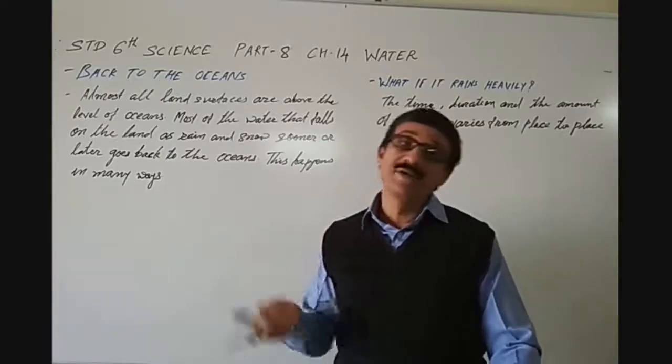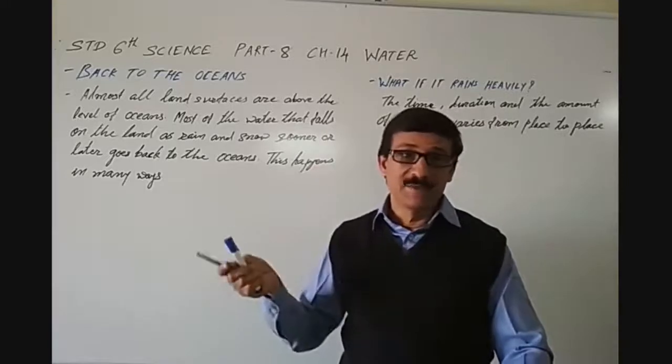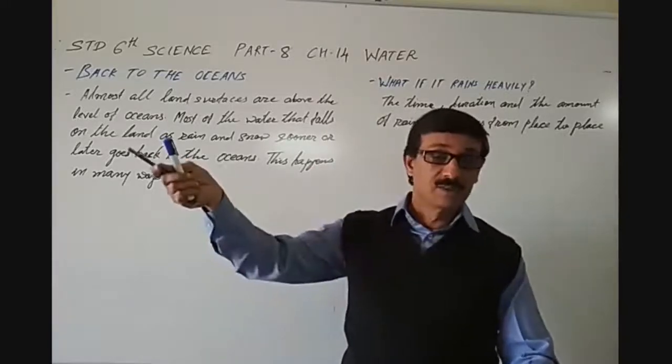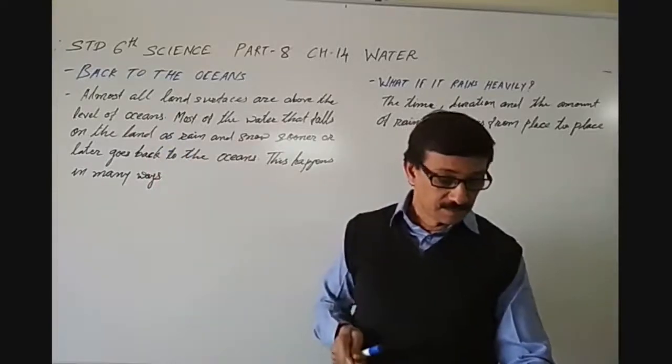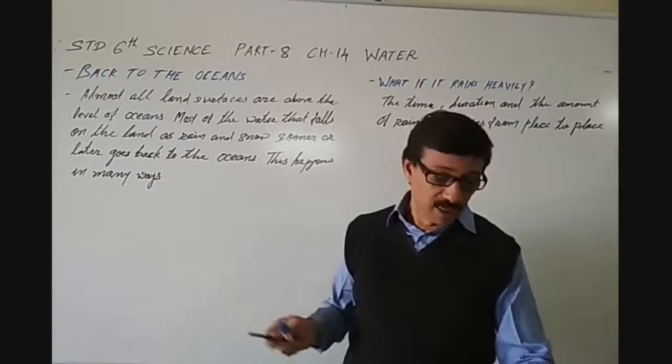The water becomes vapor, once again it rains, and once again it becomes vapor from the surface of the ocean and from the surface of the land also, where there is water.